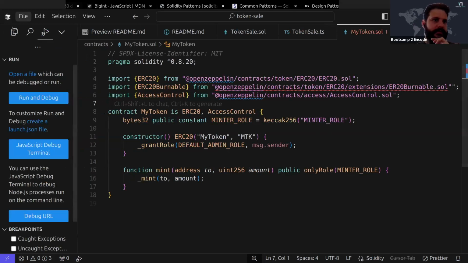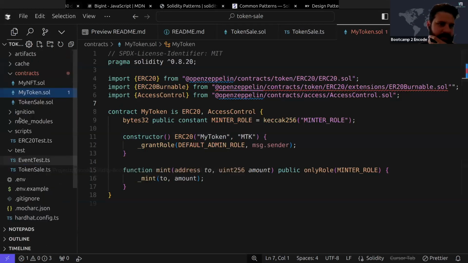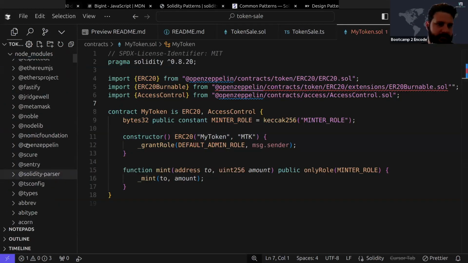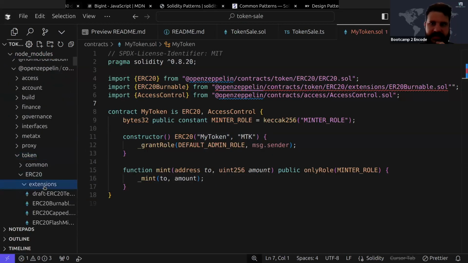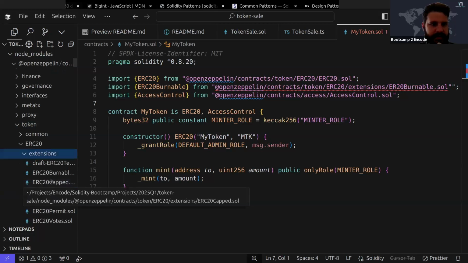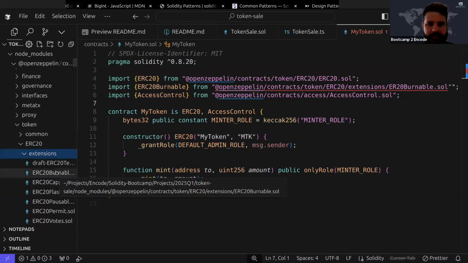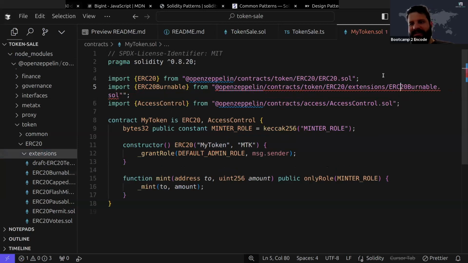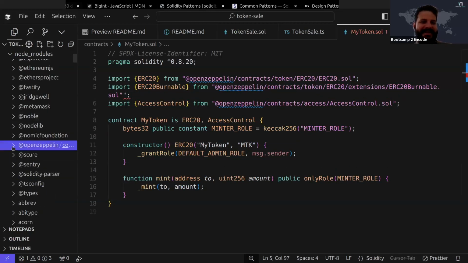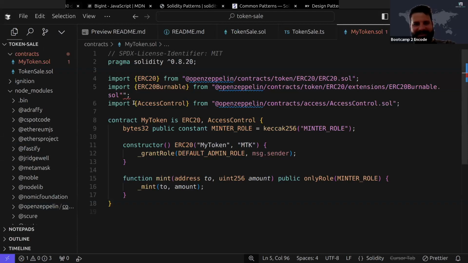Let me get that from node modules, the quickest way to find it there. OpenZeppelin, token, ERC20, extensions, ERC20 burnable. I did the hard part, I just forgot the C. Sorry about this. Okay.